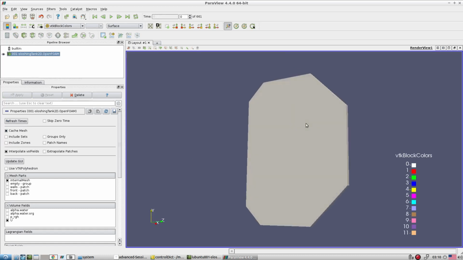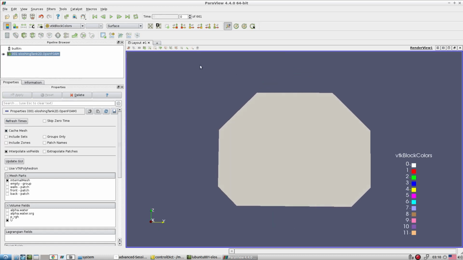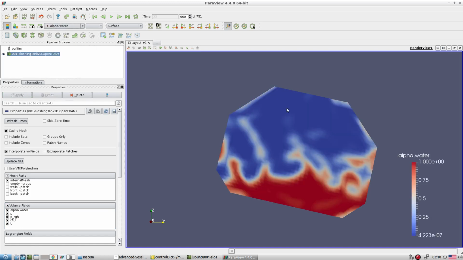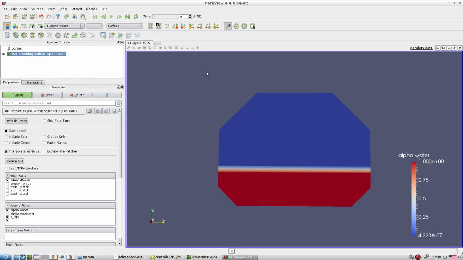So here is how the tank looks like, and we have alpha as a quantity. Alpha we call the volume fraction here. So let me first look at it this way, and here is x.